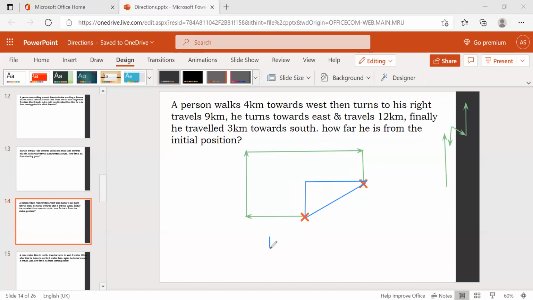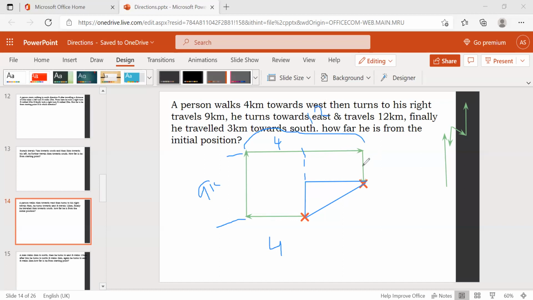This is 4 kilometers. That means these are the 4 kilometers. And from here to here, it is nothing but 9 kilometers. And from here to here, this total is 12.